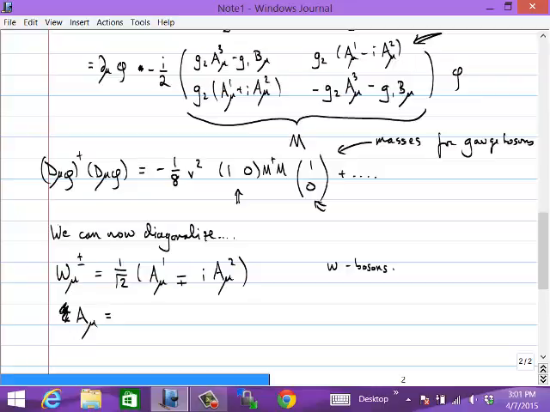So now the vector field A is going to be some linear combination of A3 and B mu. I'll just write it as sine theta W times A3 plus cosine theta W times B mu, where theta W is some angle called the weak mixing angle.